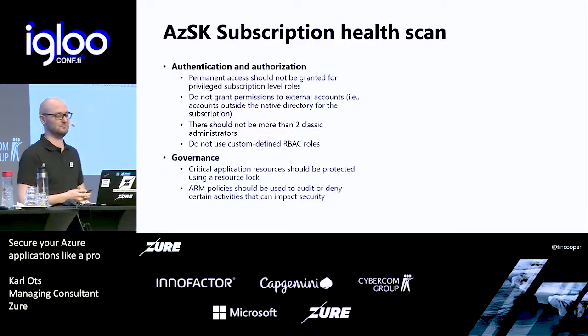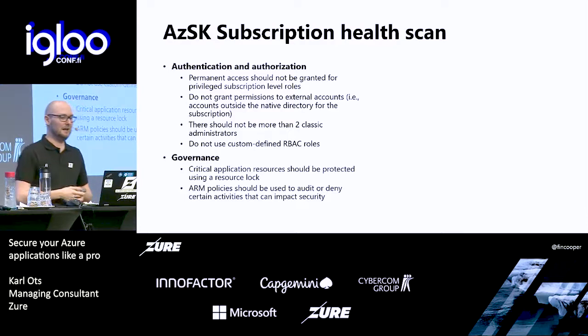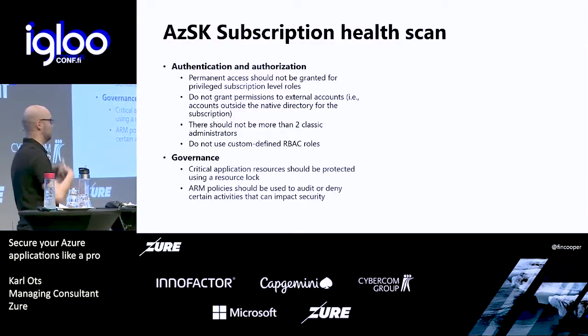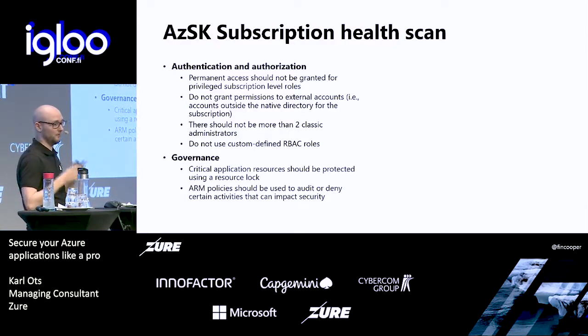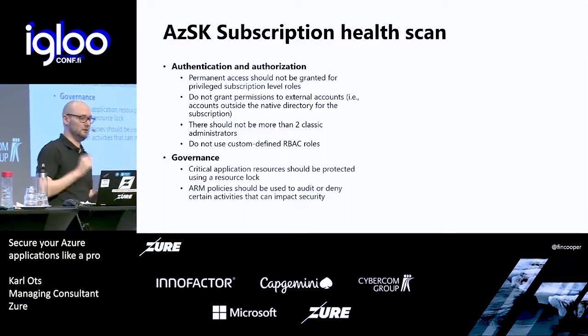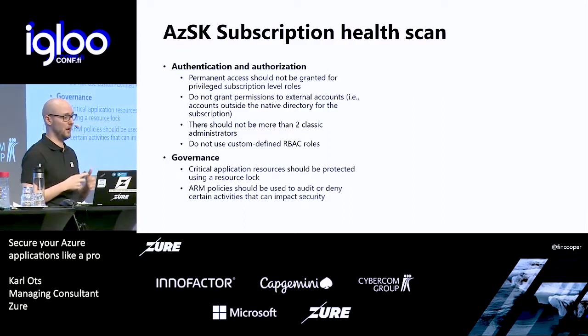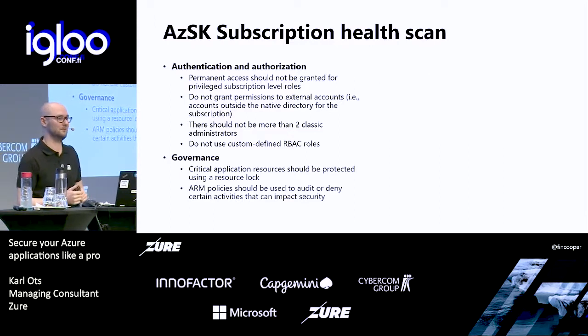Price could be an issue, but whenever possible. Then quickly relating to governance: what does this scan actually check in your environment? It checks whether or not you are using resource logs and whether or not you are using those policies that we discussed today as well. Yes?